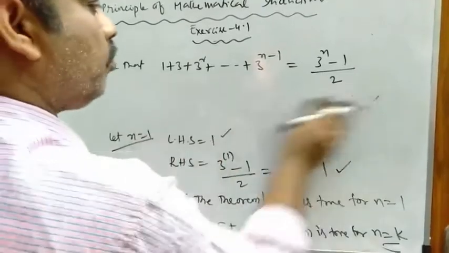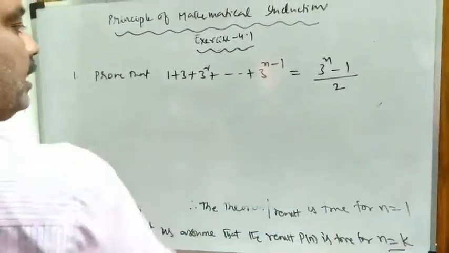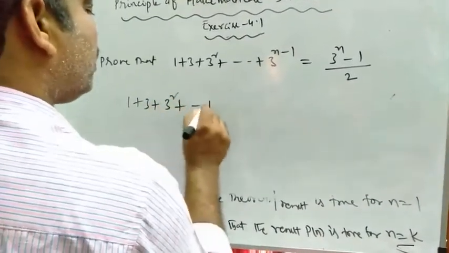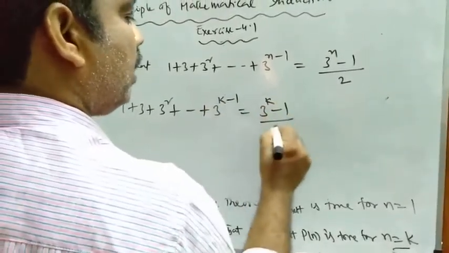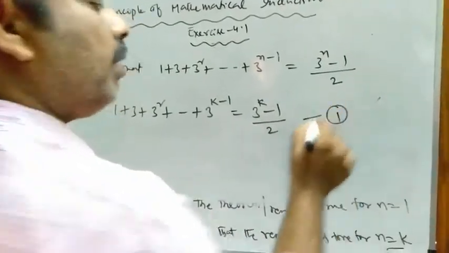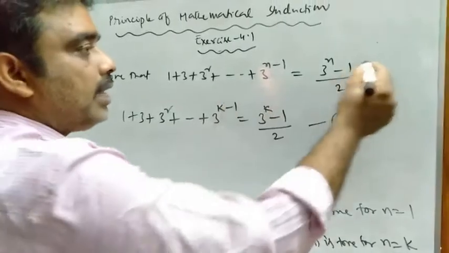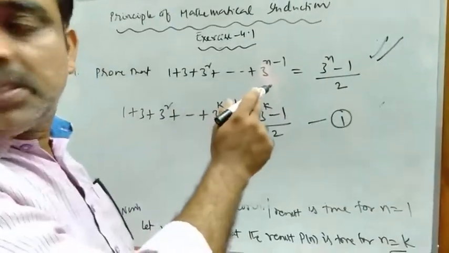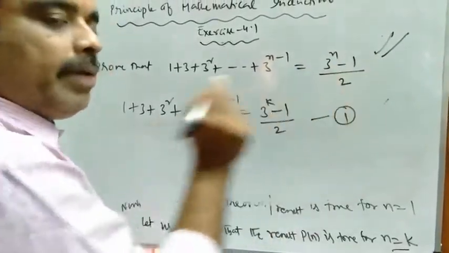So if it is true for k terms, we get 1 plus 3 plus 3 square plus so on plus 3 power k minus 1 is equal to (3 power k minus 1) by 2. Call this equation number 1. Because it is true for n is equal to k, this has to be satisfied.